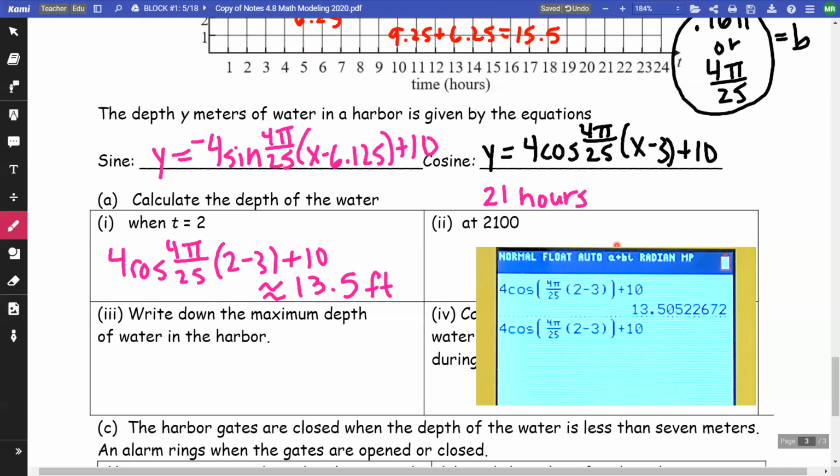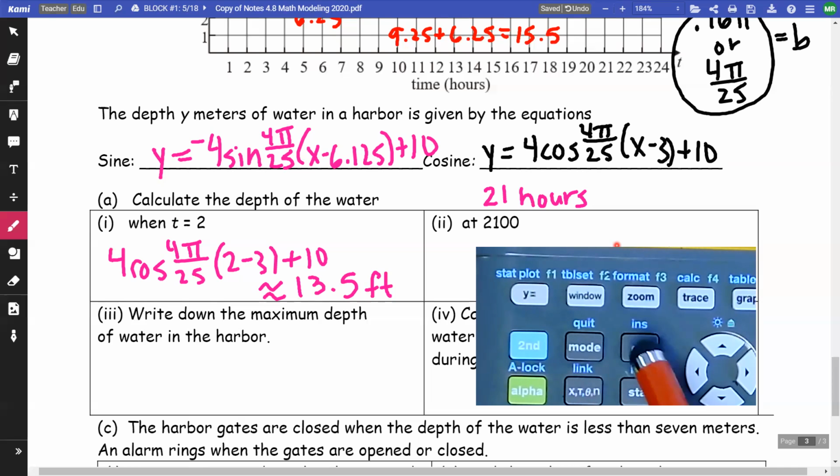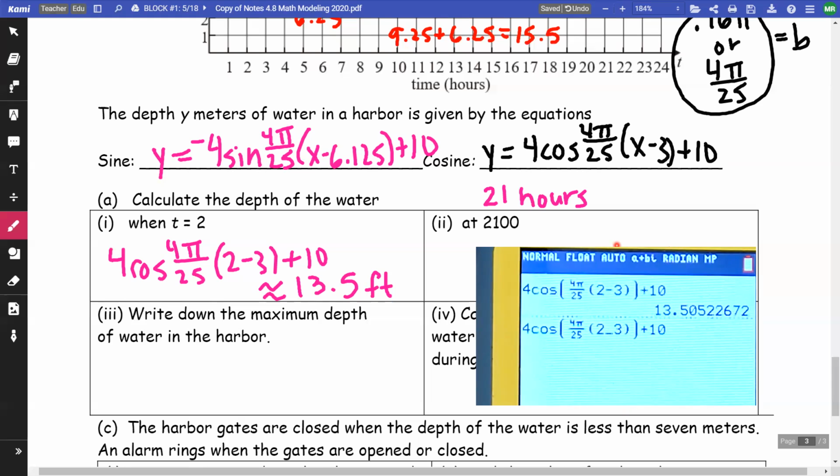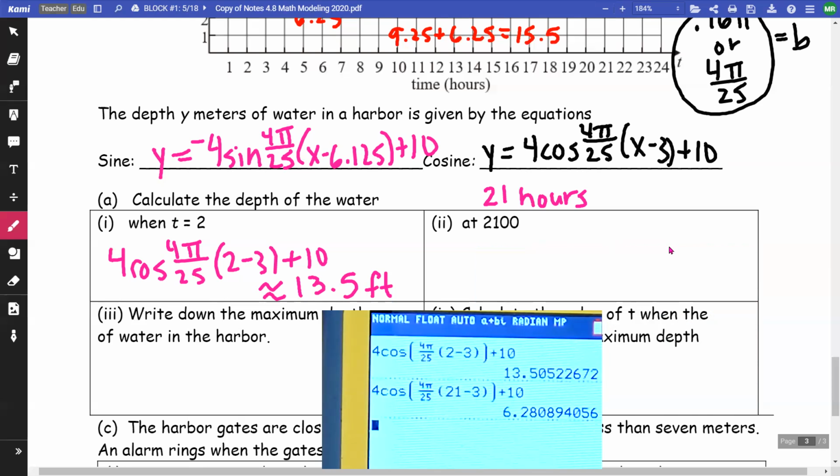Now, if I copied this and I want to put a 1 here, I'm going to hit second and insert, which is for the delete key, when I have my cursor where I want to type in front of, and then it doesn't type over. And I got 6.28. So this is about 6.3 feet is that answer.